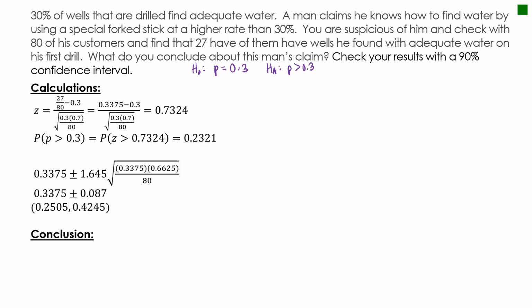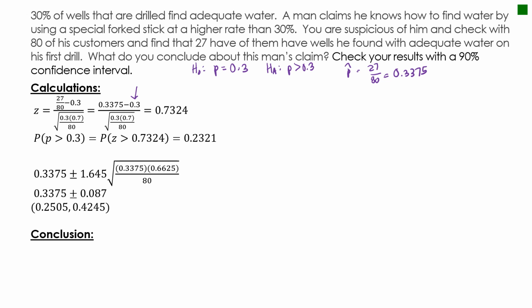My calculations, again, will be my test and my interval. My test uses my observed value, my p hat, of 27 divided by 80, which is 0.3375. Notice here I'm going out to 4 places because I want to be precise. My expected value is what I expect to have happen, which is a hypothesized value of 0.3.